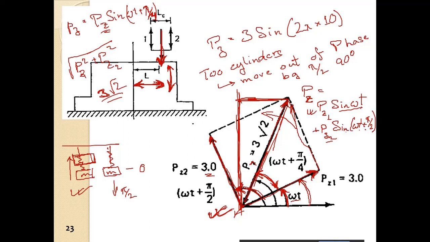How to find that out? We cannot directly say it is Pz into L, because one force will be pulling up, this will be pulling down, then again it will be pulling down, it will be pulling up. So there will be a nullifying factor of the two forces. So we have to consider that.